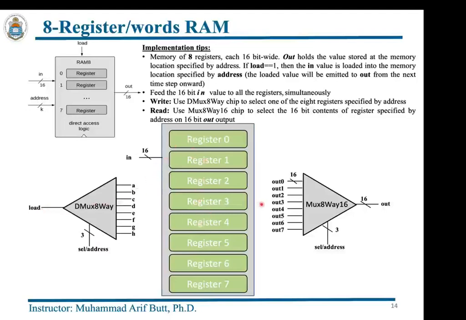Now, as far as the reading is concerned, reading any one of these 8 registers is done using the same 3-bit address, which is supplied over here in the selection lines of this MUX 8-way 16 chip. So, whatever address is supplied over here, the 16-bit data of the specific register is placed on the out of this RAM chip.